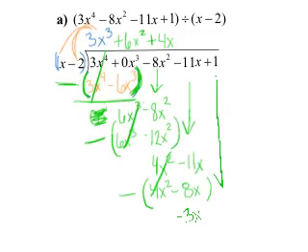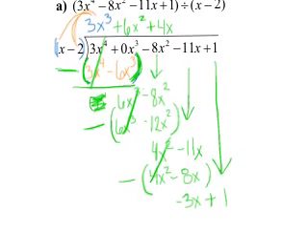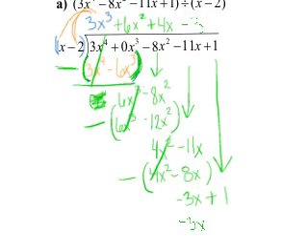Last one, bring down the 1. You keep bringing it down until you cannot bring it down any further. Okay, so what times x is negative 3x? Just negative 3. So negative 3 times x gets me that negative 3x. But negative 3 times negative 2 is positive 6.